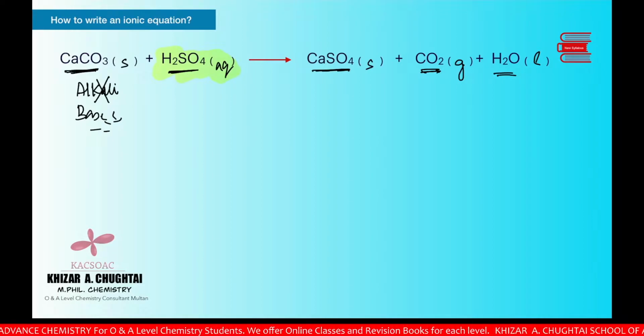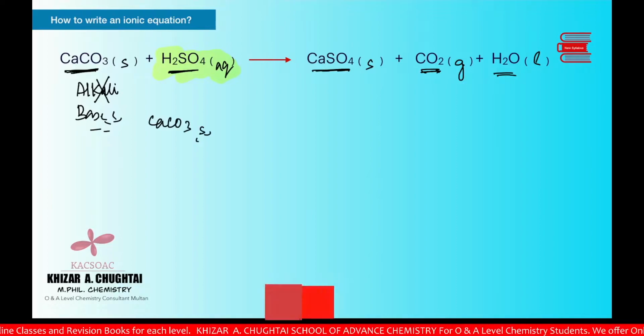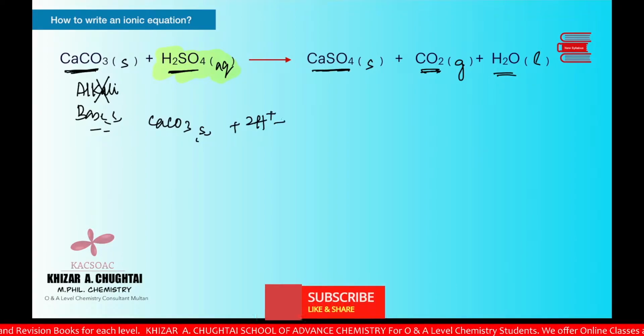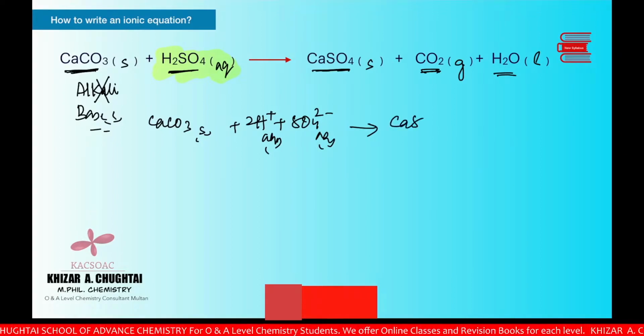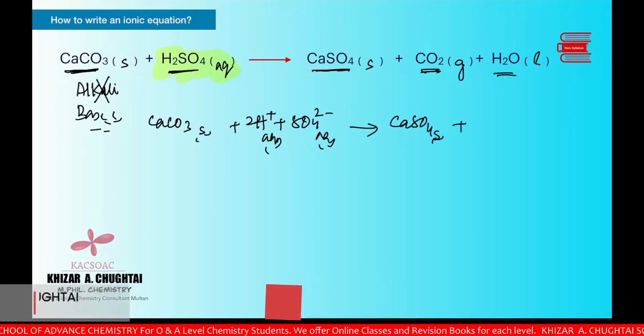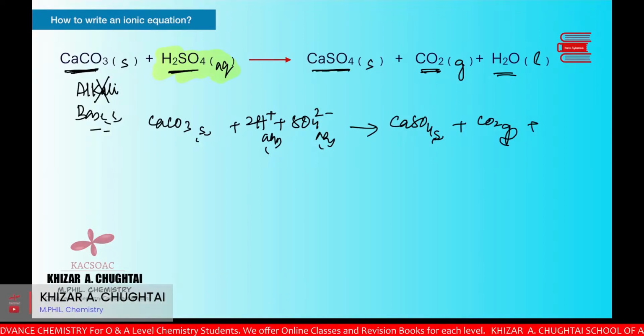So as far as my opinion is concerned, this equation is not having any other sort of ionic equation. Maximum we can write it over here like that. CaCO3 solid plus 2 moles of H positive ion plus SO4 2 negative ion, here is aqueous, again aqueous, goes to CaSO4 solid plus CO2 gas plus H2O liquid.